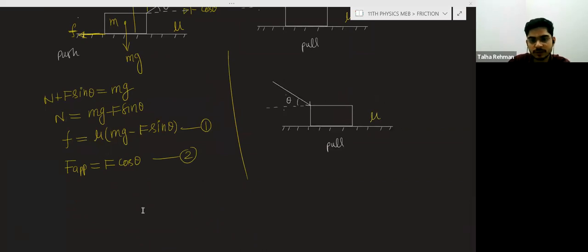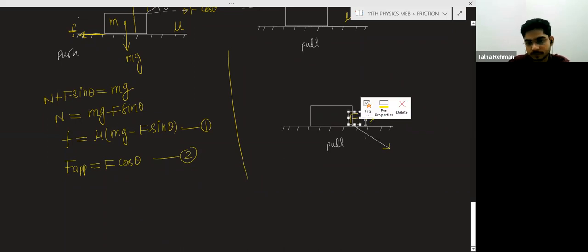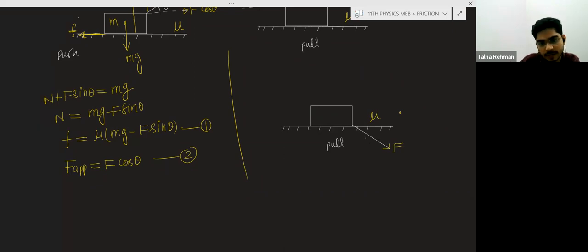This is the force here, and there can be a parallel shift of the force like this. Earlier this was the condition and this was the theta, so this will also be theta.